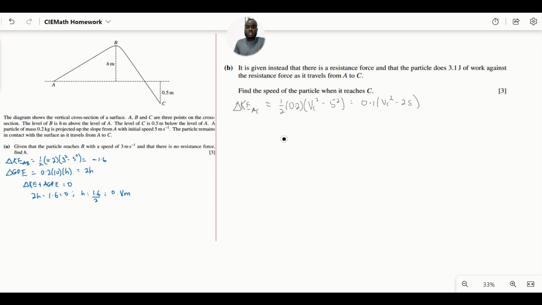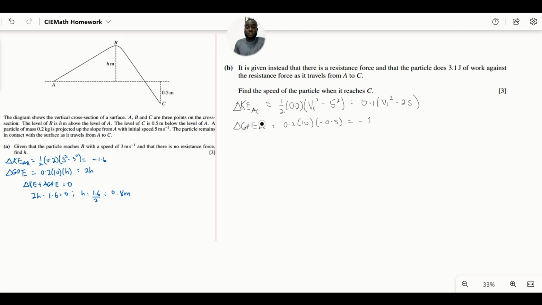This is a change in kinetic energy from the point A to the point C. Let's look at the change in gravitational potential energy. Now let's look at the work done in context.